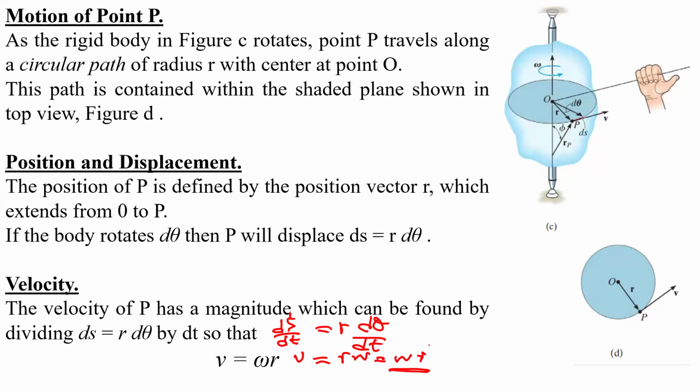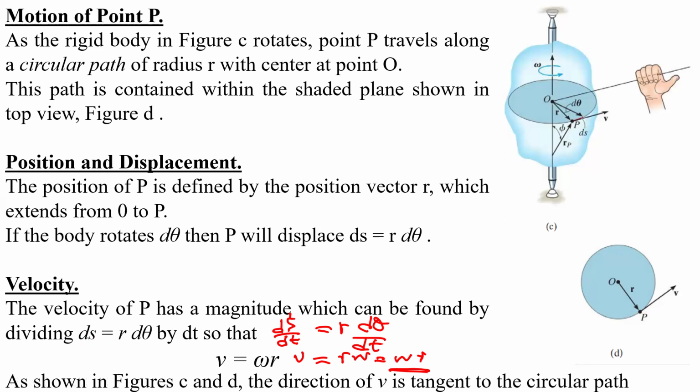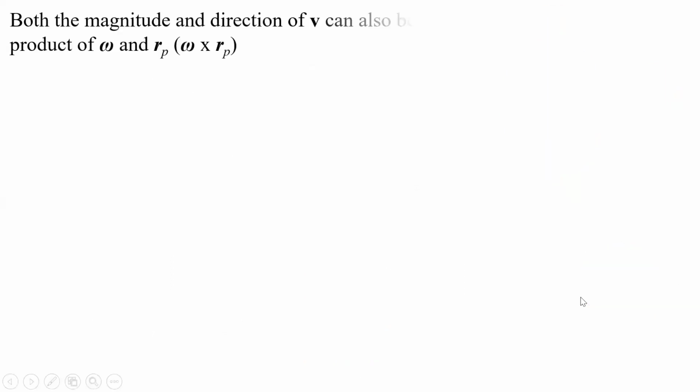As shown in figures C and D, the direction of velocity v is tangential to the circular path.